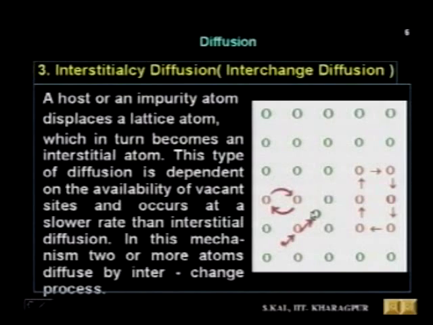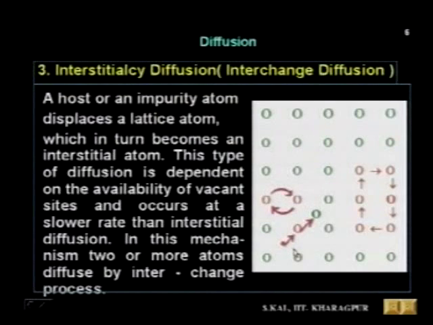You see, an impurity atom, when it is in the interstitial site, replaces one silicon atom from a lattice site, and that silicon atom will move to the interstitial site, and this lattice site is occupied by this dopant. That is one type. Another type is the silicon atom moving from one interstitial site to another site in this fashion. That is also possible. And then interchange is also there.